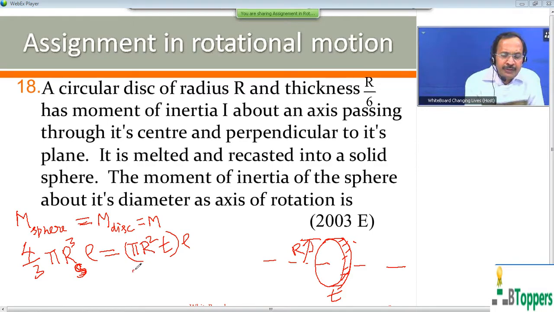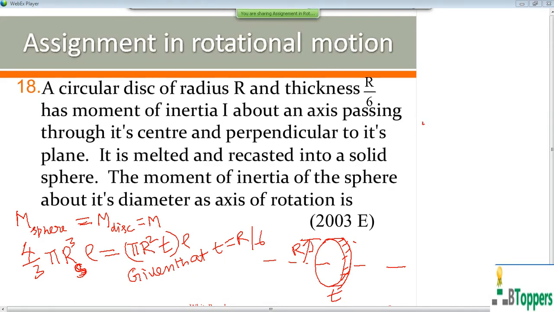So given that thickness T is equal to r by 6, you can simplify this. So you can solve for the radius of sphere, rho is the density that gets cancelled. That means we can equate the volume of sphere with the volume of the disk.